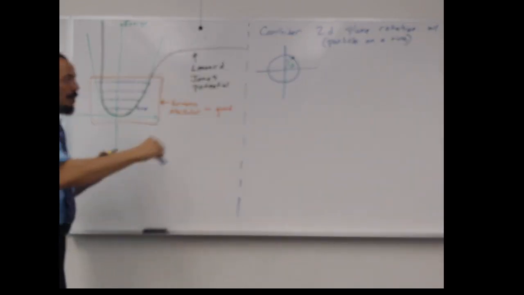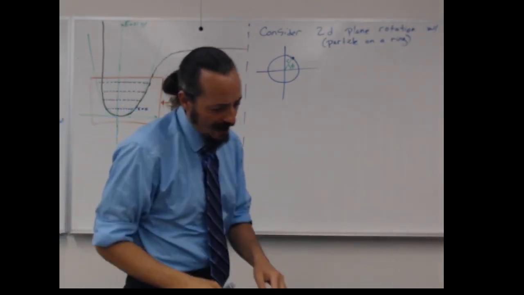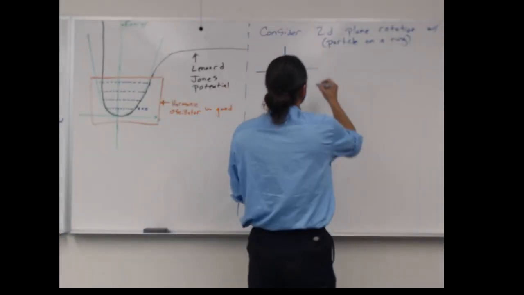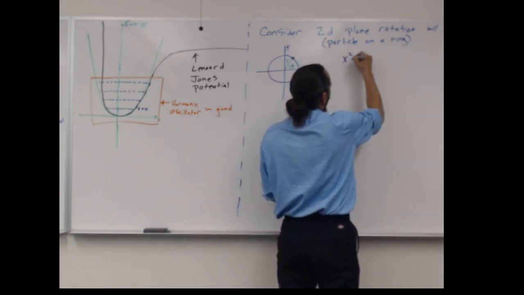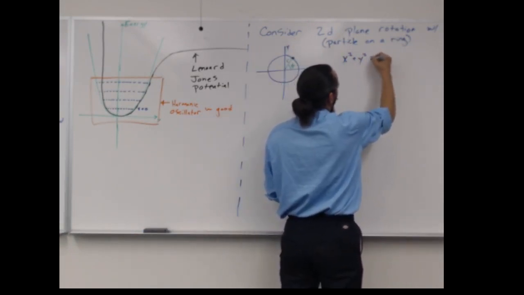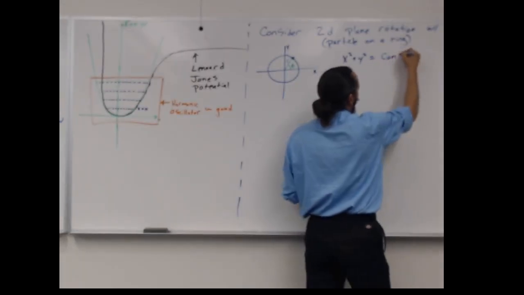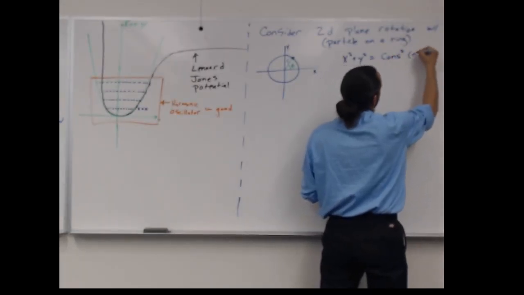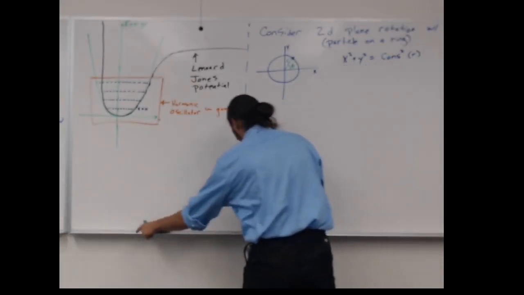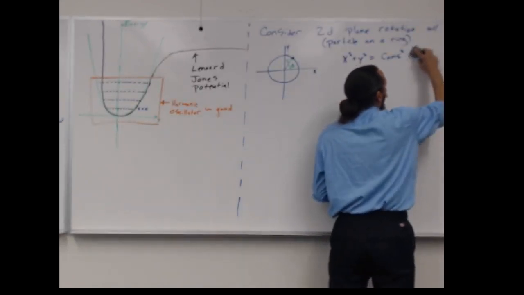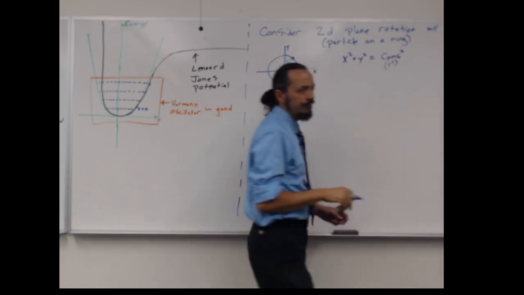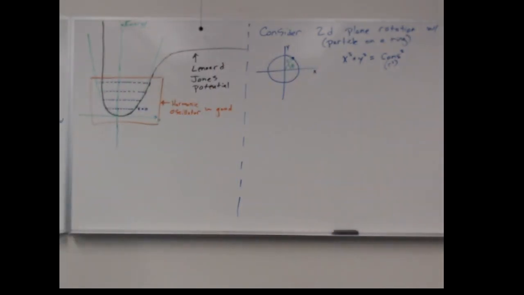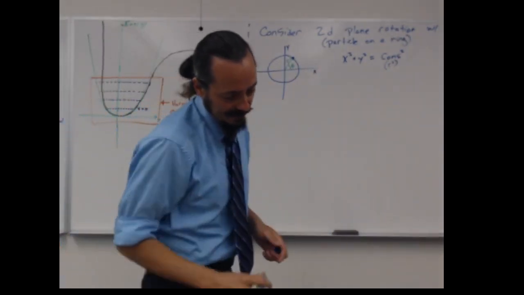So it's going to be stuck rotating at that distance. We have this particular restriction. If this is our x values and our y values, we're going to have x squared plus y squared equal to some constant squared. I'm going to call that constant r squared because I know where this is going. So I've got that distance.